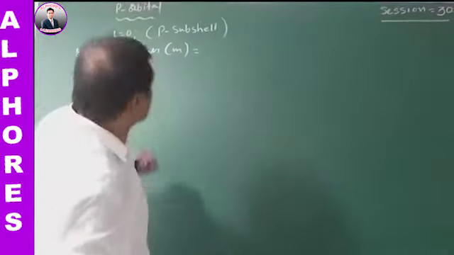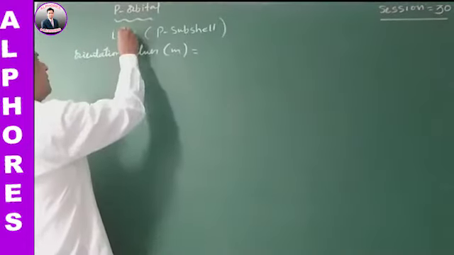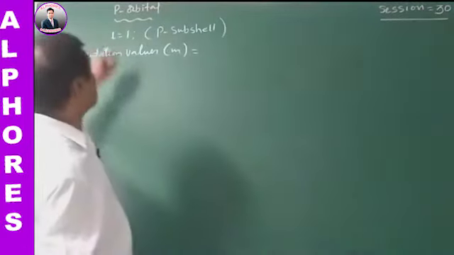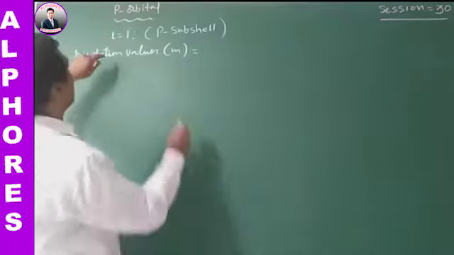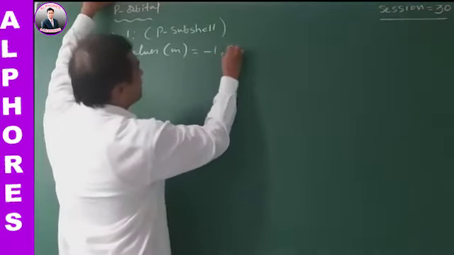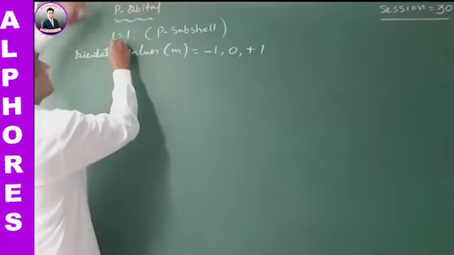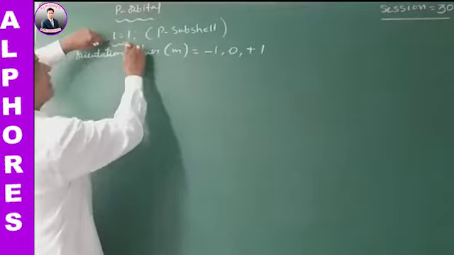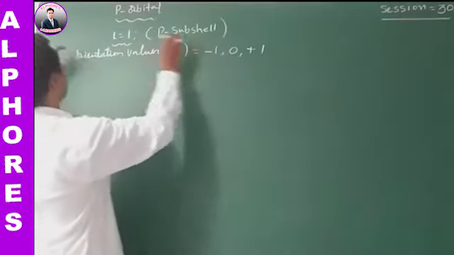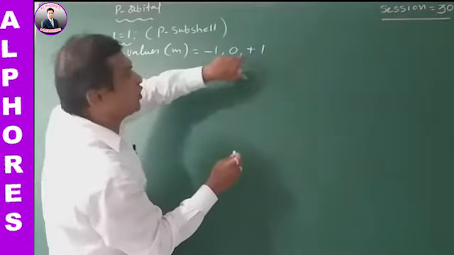When L is equal to 1, that is, the azimuthal quantum number value is 1 for the p orbital, the subshell is designated as p subshell, and the possible orientation values are -1, 0 and +1.